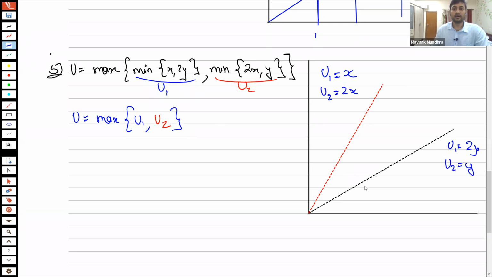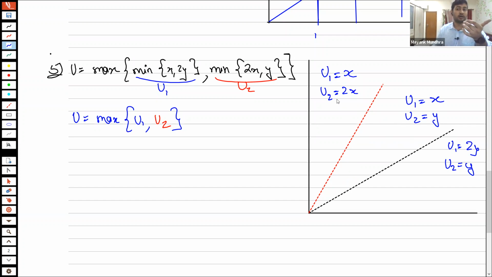Okay. In the intermediate region, since it is left of the black line, you would have u1 equals x. And since it is right of the red line, you would have u2 equals y. Right of the red line is y. Left of the black line is x. So it is similar to what I had earlier.